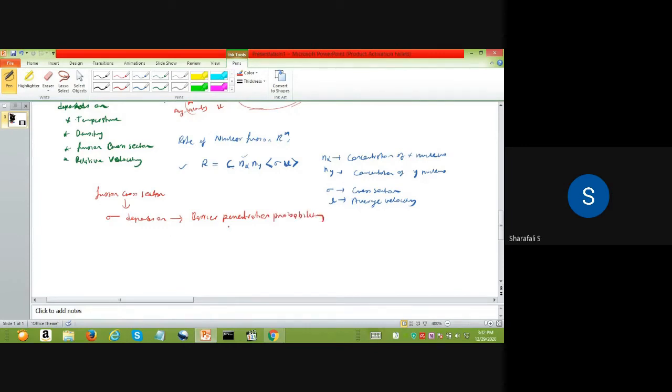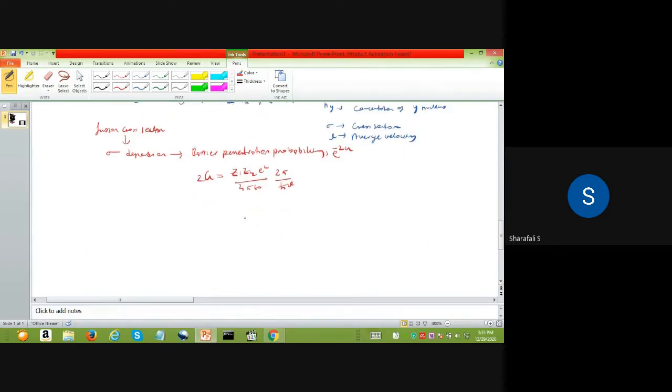In this case, the barrier penetration probability is e raised to minus 2g, where 2g is nothing but Z1 Z2 e squared by 4 pi epsilon 0 times 2 pi by h cross v. This we already discussed. That potential barrier crossing probability is the barrier penetration probability. So the fusion cross section depends on that.